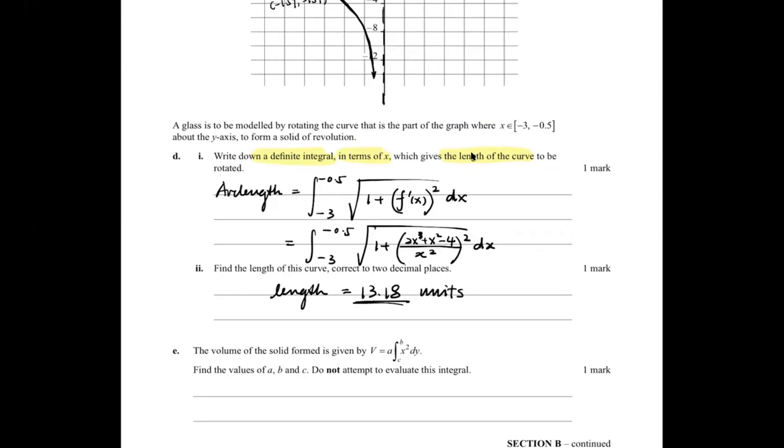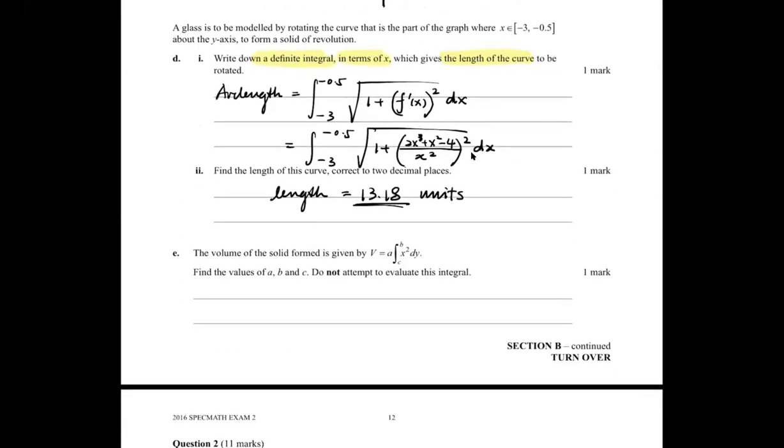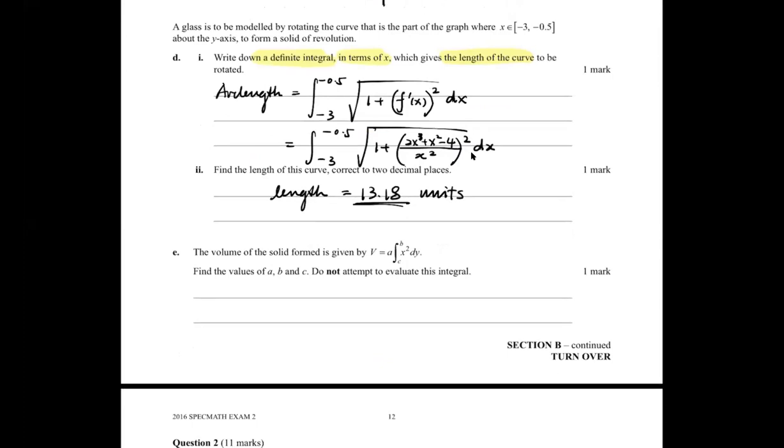Okay, the volume of the solid formed is given by V equals a integral from c to b of x squared dy. So it's from -3, 14 on 3. At this point on your CAS calculator, you should be able to find that -33 on 4, x, y, and it's rotated around the y-axis.